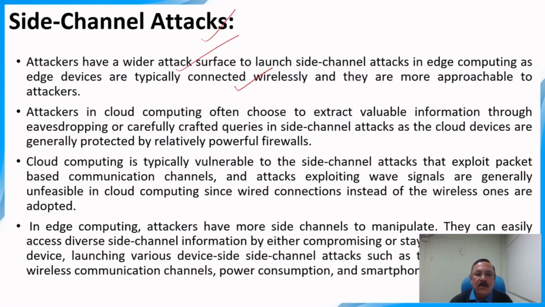So, attackers in the cloud often choose to extract valuable information, and cloud computing is typically vulnerable to side channel attacks that exploit the packet based communication. In edge computing, attackers have more side channels to manipulate, and they can easily access the diverse side channel information.